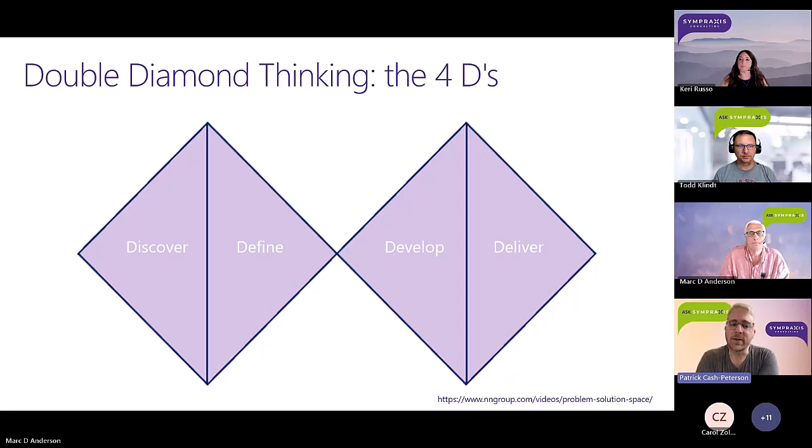Mark hinted at this a little bit when he was talking about how when we do discoveries, we're solving for a problem. In actuality, that's not really what a discovery is for. Discovery may start with what someone thinks the problem is, but at the end of the day, the discovery helps us find what that problem, or in a better term, opportunity is. Whether that is a whole new website, or a different way of thinking about how something is being presented to a customer or your employees. There are lots of different ways to think about it.